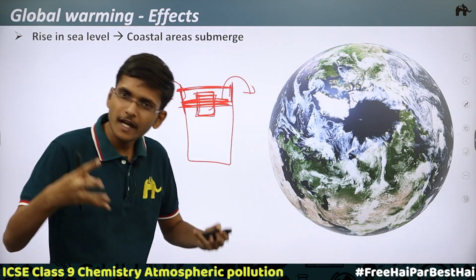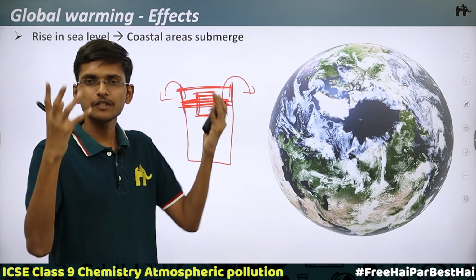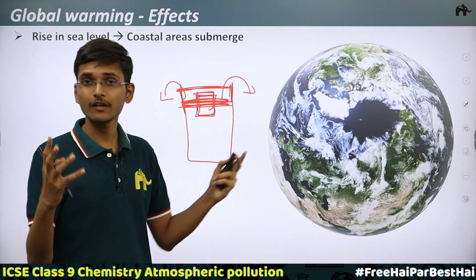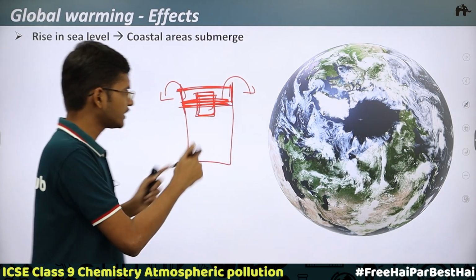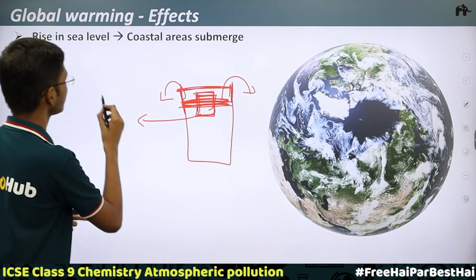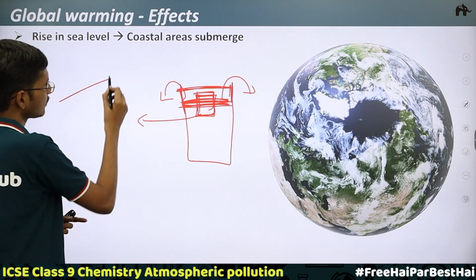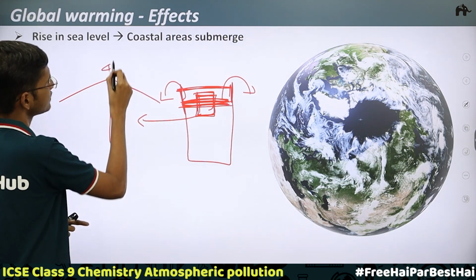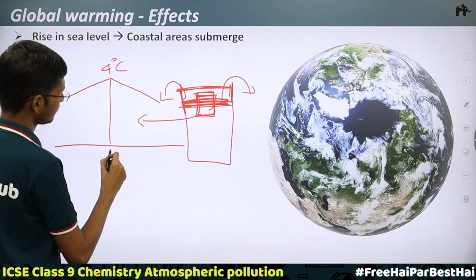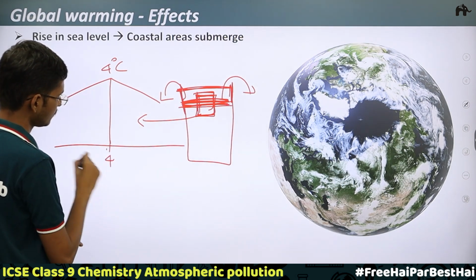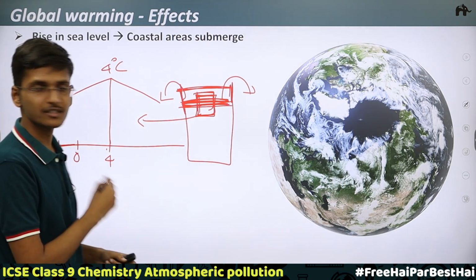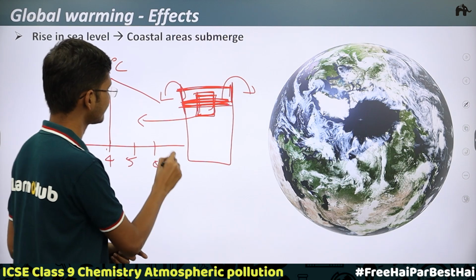Now why? We have to apply the concepts and the logic which we have studied in science, in class 6th, 7th or 8th. We can relate this to the anomalous expansion of water. We all know that when we are crossing the 4 degree Celsius barrier, this is 4 degrees, this is 0 degrees, and we go into -1, -2 degrees Celsius, and from here 5, 6, 7.